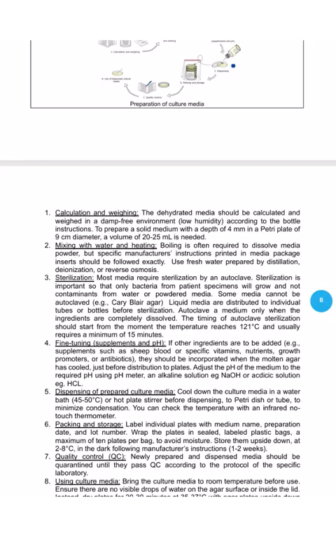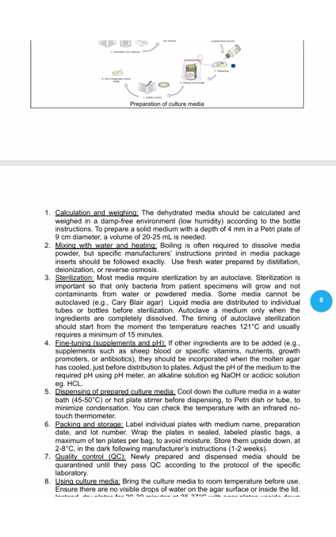If it's a liquid medium, you distribute it to sterile tubes. If it is a solid, then you distribute it to sterile petri dishes. And this is very important, and you have to monitor this step by thermometer, because if it's a solid medium, you don't want it to solidify before you pour it.